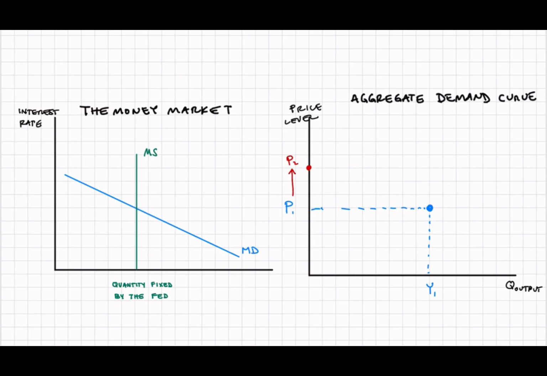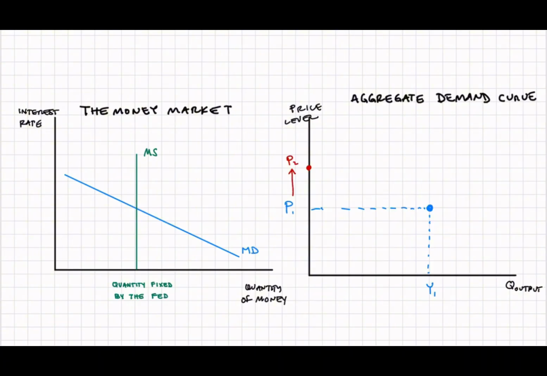So for our money supply right here, we have the money supply, which is a fixed quantity set by the Fed. And that's why it is straight up and down. We have our money demand, which is the relationship between the interest rate on our y-axis and, on our x-axis, the quantity of money.